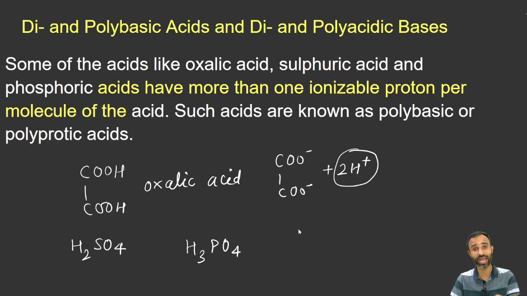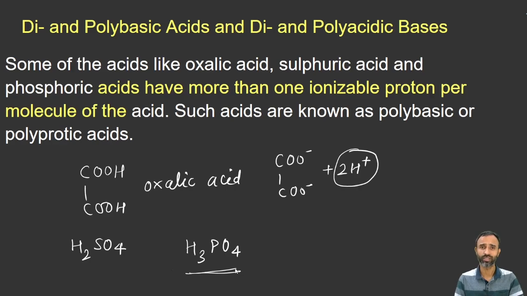It gives one at a time, that we will discuss later on, but any acid which gives 2 protons, 2 H plus ions, that is called dibasic acid. If it gives 3, like H3PO4, it gives 3 H plus ions, so it is tribasic acid, and so on.